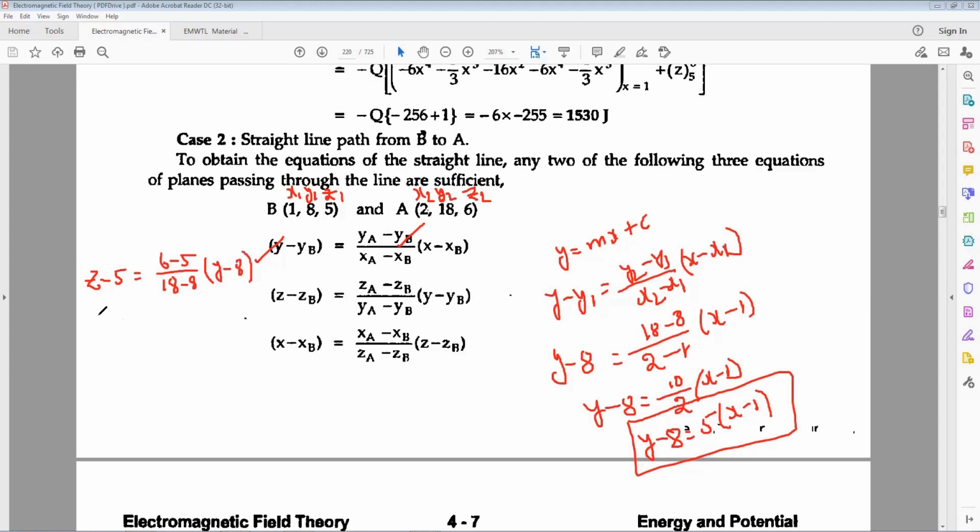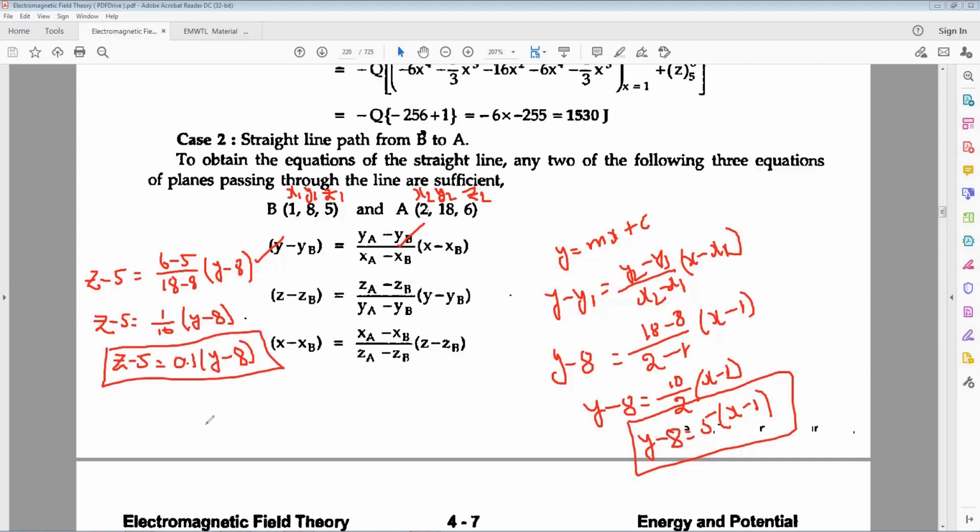So z minus 5 is equal to 6 minus 5 is 1, 1 by 10 into y minus 8. That is z minus 5 is equal to 0.1 y minus 8. Okay, this is another equation in terms of the z values.